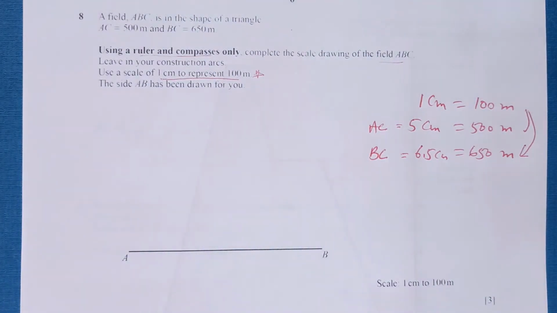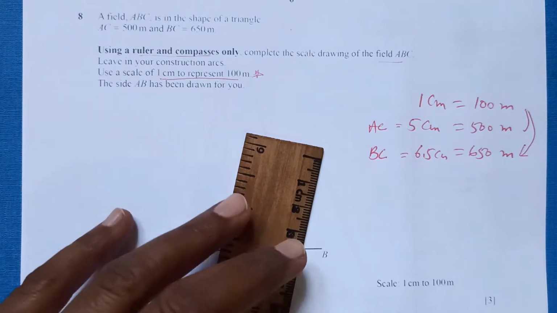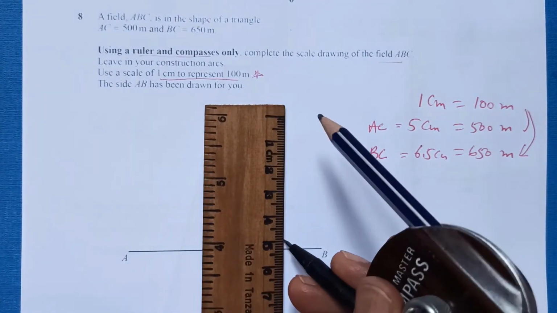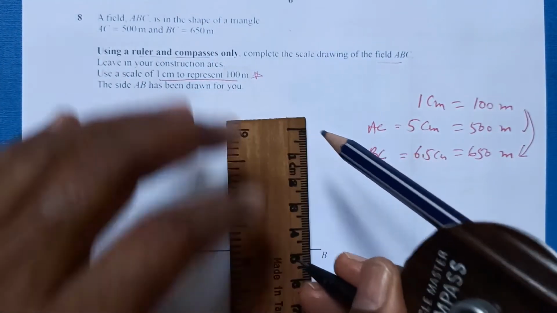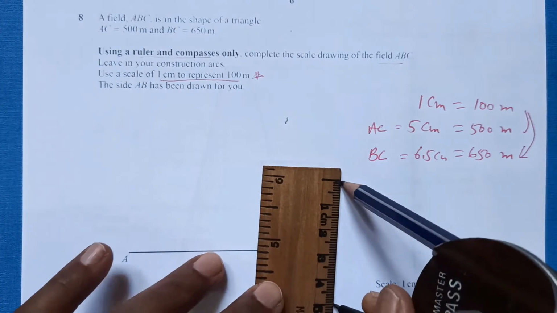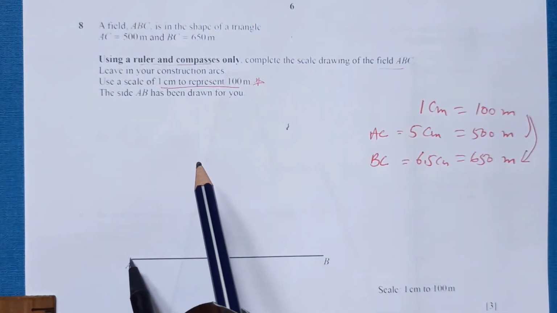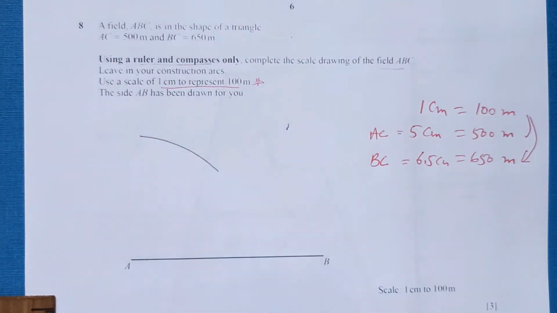So let's take compass and ruler to measure the lengths. Now see, AB is given. AC is 5, so we will measure 5 centimeters. Put your needle on point A and draw a 5 centimeter arc.